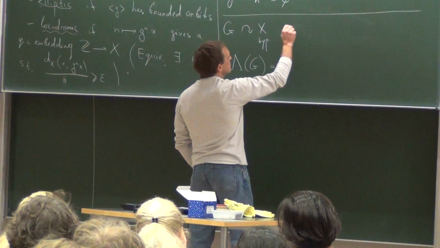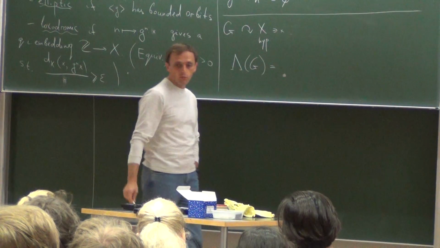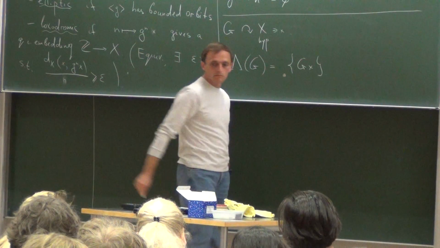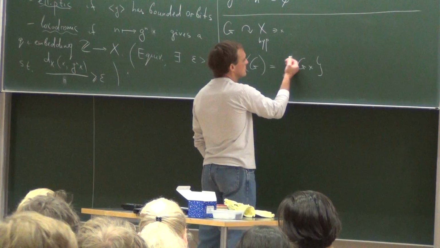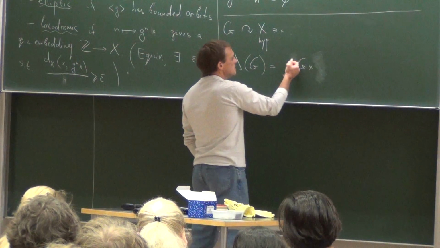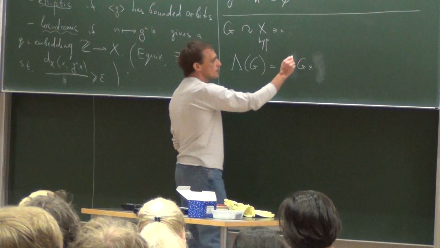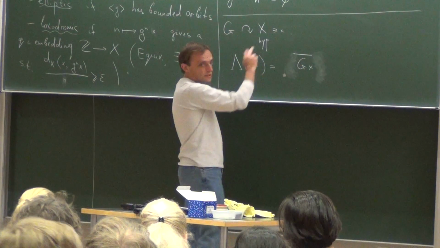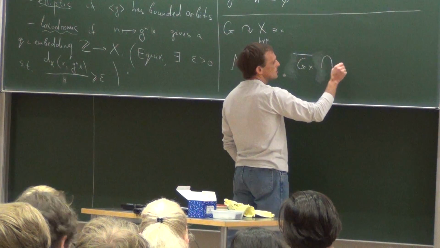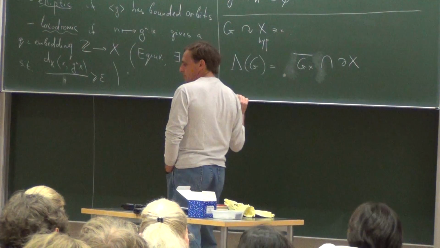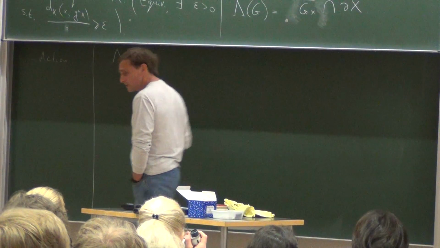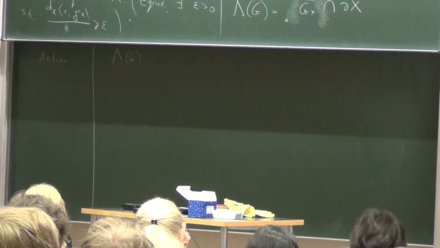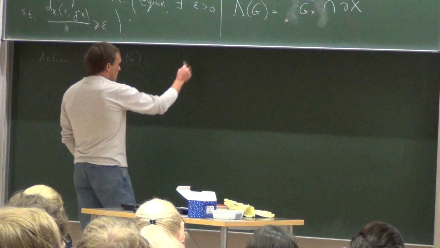So you take any base point x, you take the orbit of x, you take the closure in X union the boundary, and you intersect with the boundary. That's the limit set. It's independent of the choice of the base point. That's easy to see from hyperbolicity.